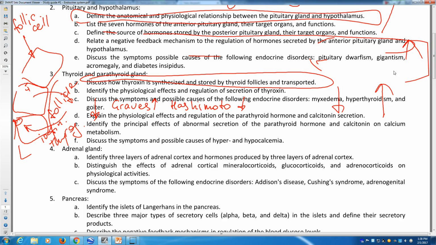If you have too much parathyroid hormone, what's going to happen to your calcium levels? Yeah, they're going to go up. You're probably going to have very bad bones and a lot of kidney stones.